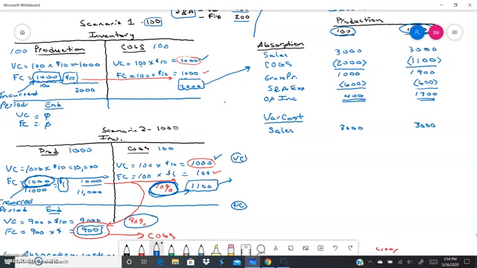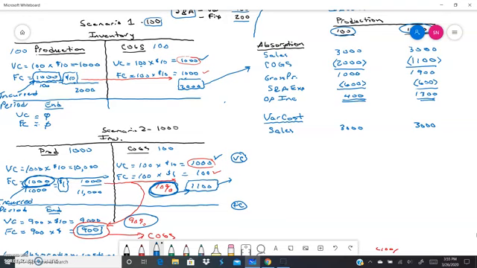Right? So what we're going to do is, first of all, split up the variable manufacturing from the fixed manufacturing, and then we're going to want to split up the variable selling and administrative from the fixed selling and administrative, okay, and put that into the variable cost categories and the fixed cost category.